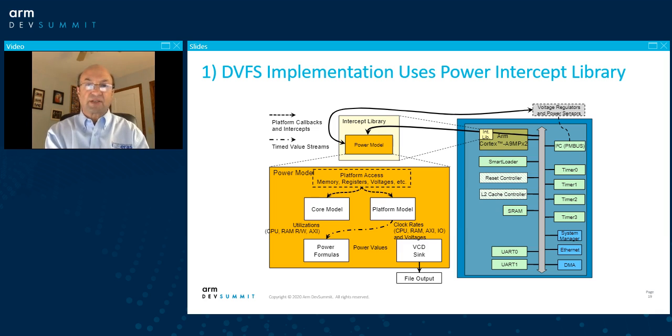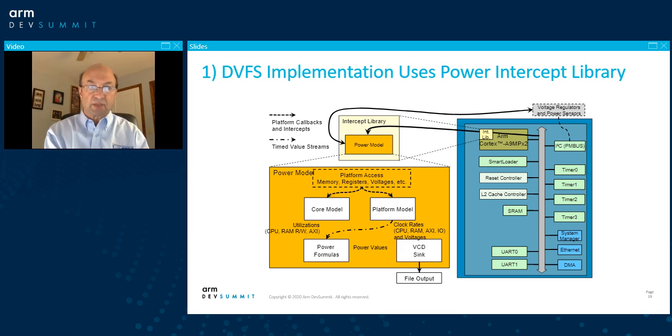Regarding the DVFS, the key thing was to be able to calculate an estimated power consumption dynamically as we're executing different applications here. So what we were able to do is, in the same way that we used Slipstreamer to implement the different software tools, we've got effectively a custom tool with this Intercept library that implements the power model.